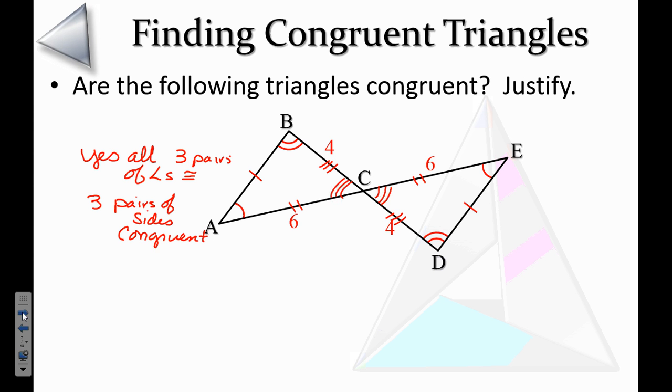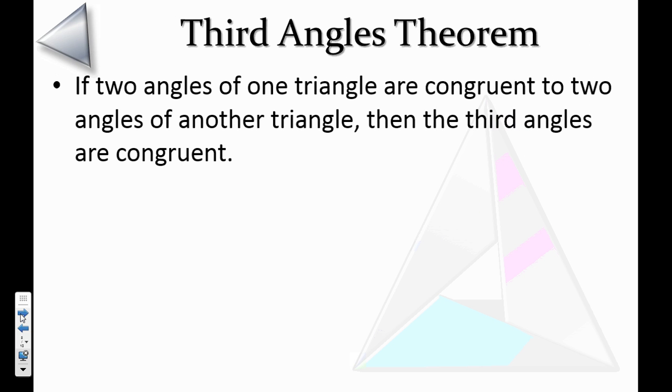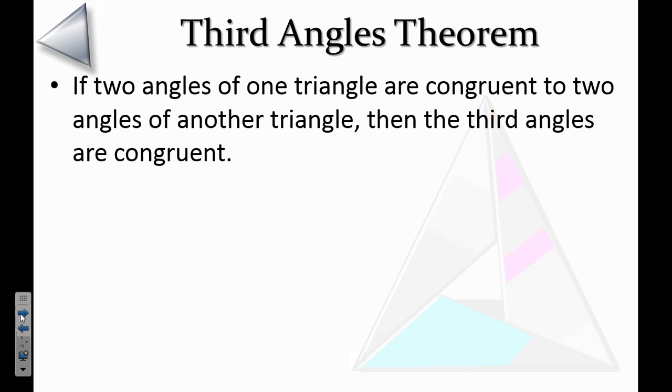Okay, so far so good. All right. So next, Derek alluded to the third angle theorem. The third angle theorem says that if 2 angles of one triangle are congruent to 2 angles of another triangle, then their third angles have to be congruent to each other.